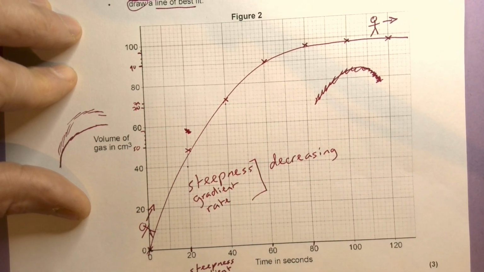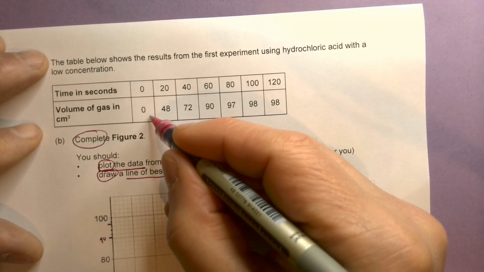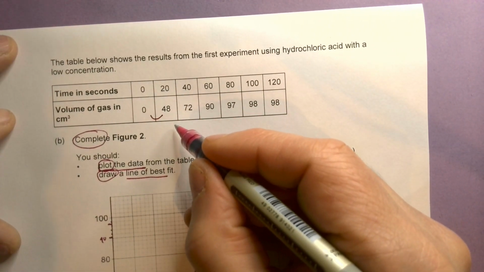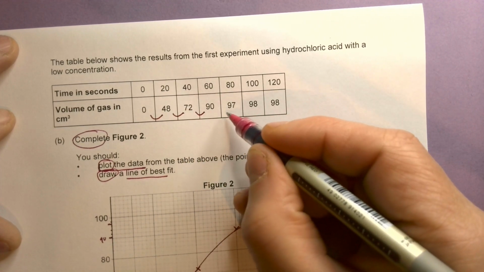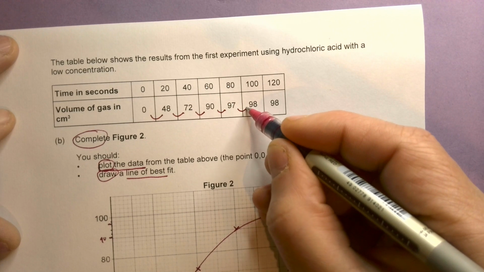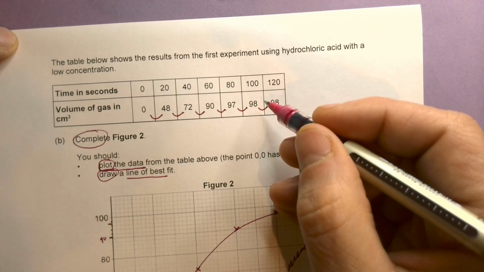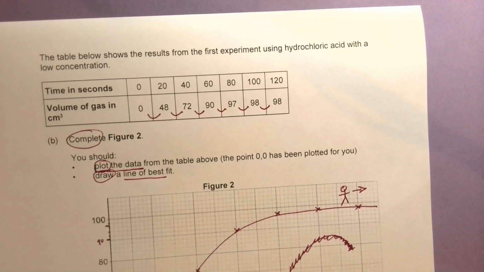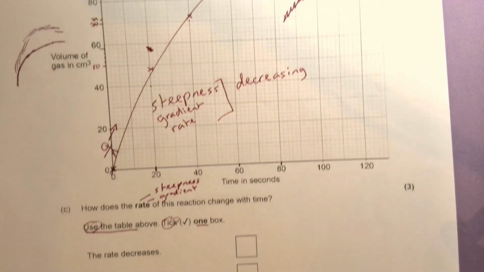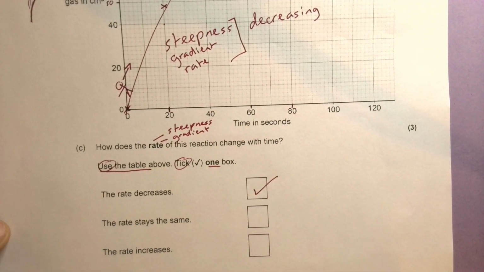So the rate is decreasing. Looking at the table, you can spot that because of the size of the jump. It goes up from 48 to 72, so it's a small jump. This one goes up even smaller, and now it's not going up at all. So the jump each time is getting smaller, which means the rate is getting smaller. So the rate decreases for definite.